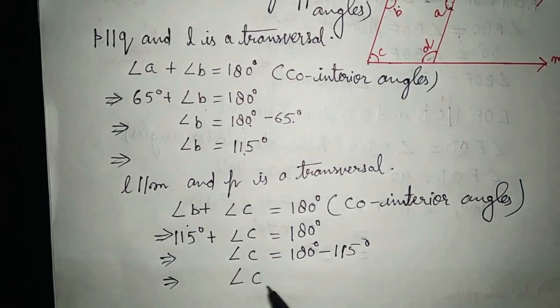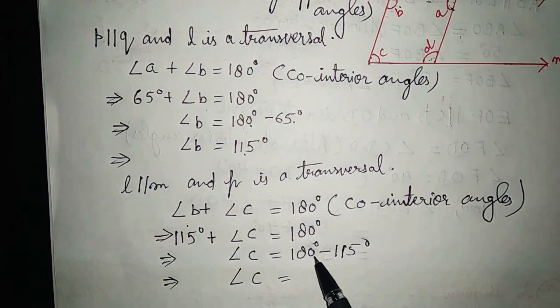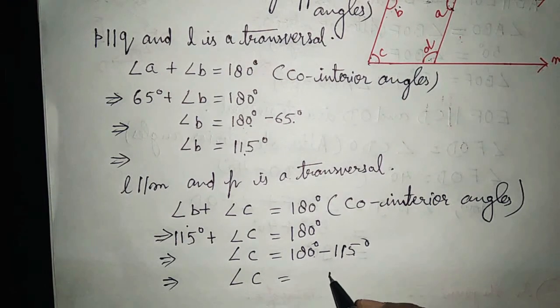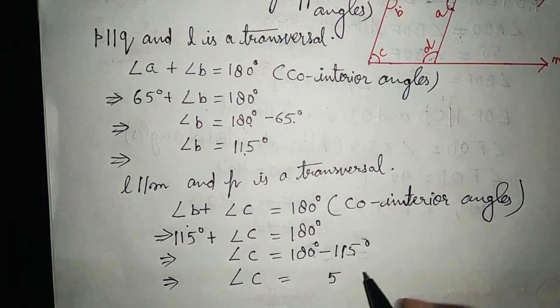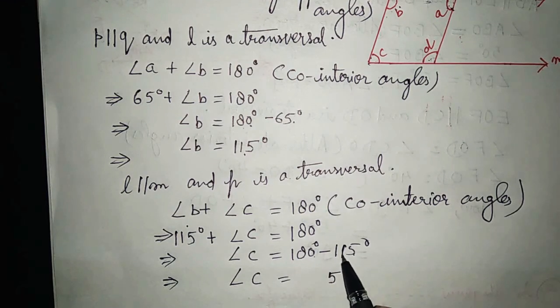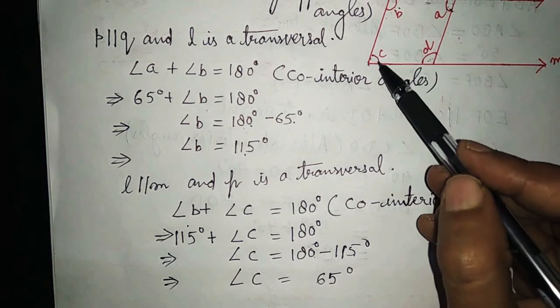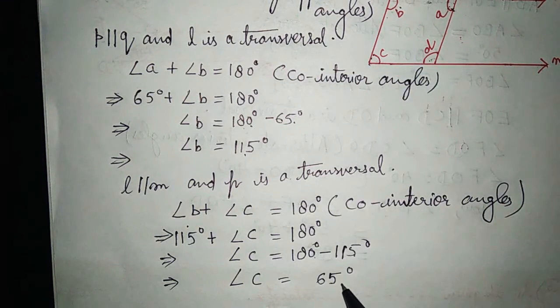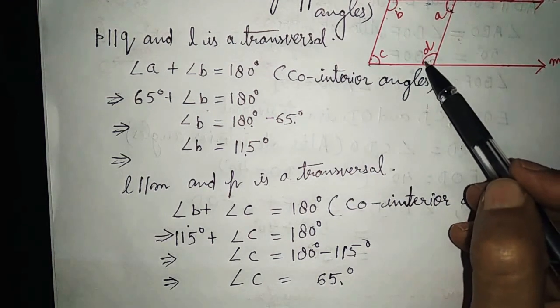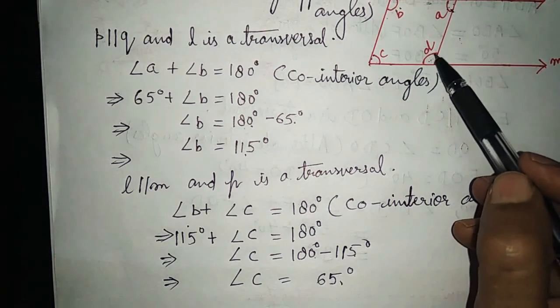Now angle C, 10 minus 5, 5. Okay, yes, 7 minus 1, 6. So the measure of angle C is coming 65 degrees.